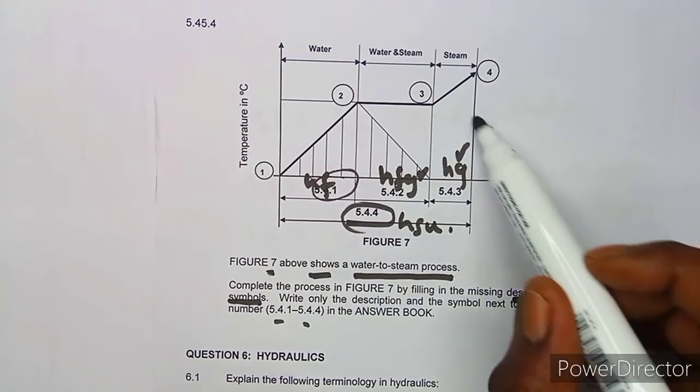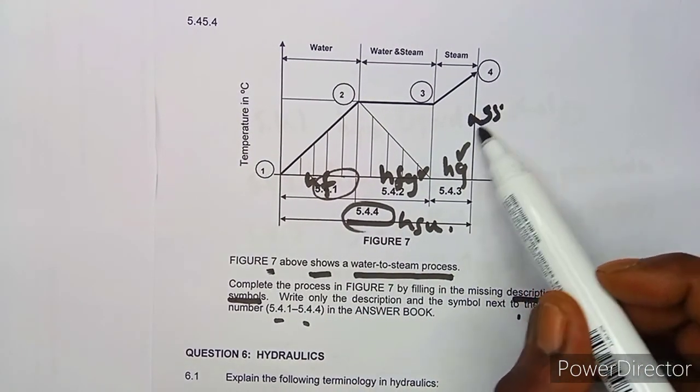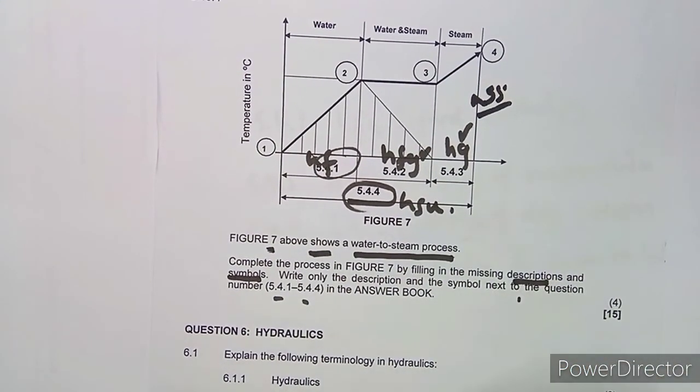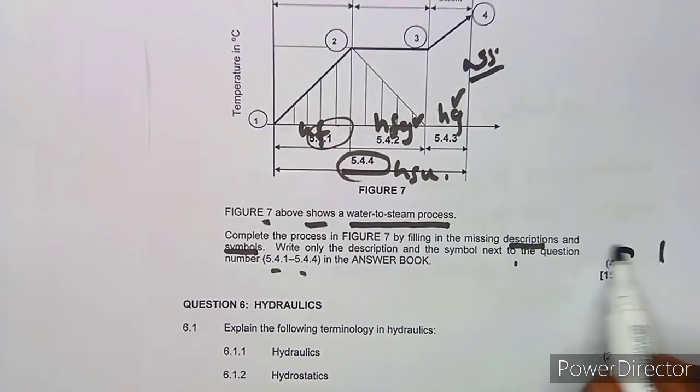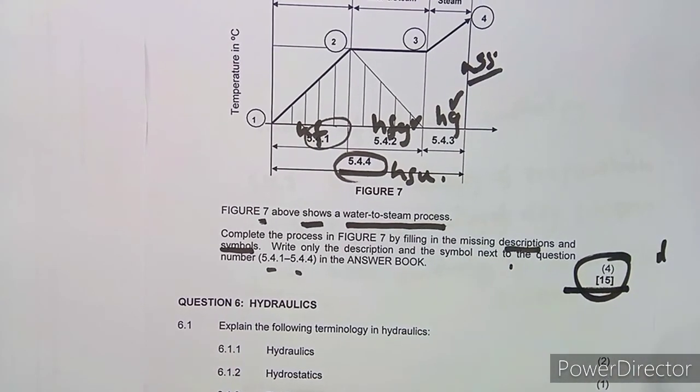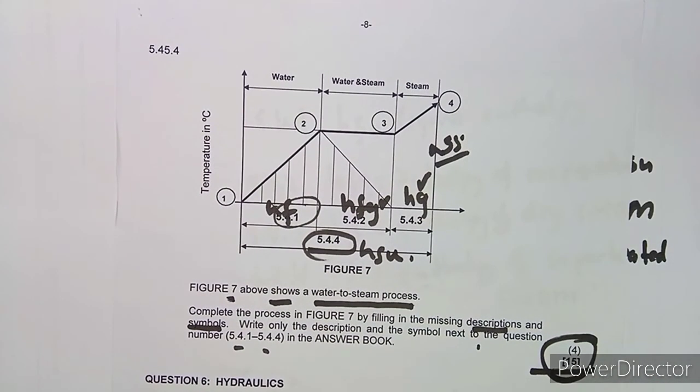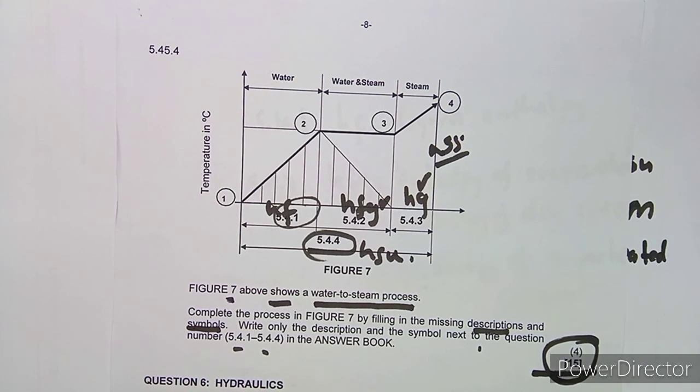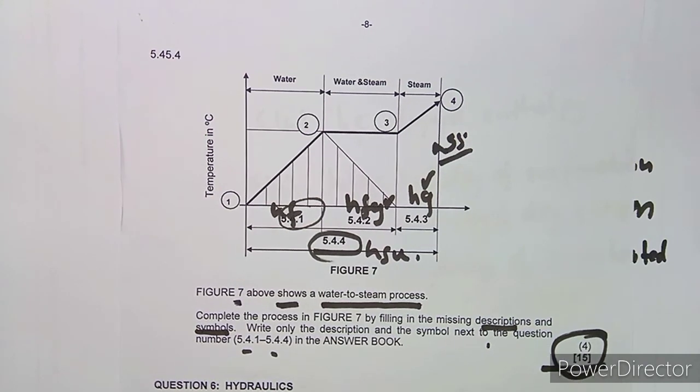Then we will be having your HSS, which is a continuation like that. But for this one, that's what we had, and we've got 4 marks to make a complete 15 marks. So that's what we had, guys, on this question, to make it a total of 15 marks.